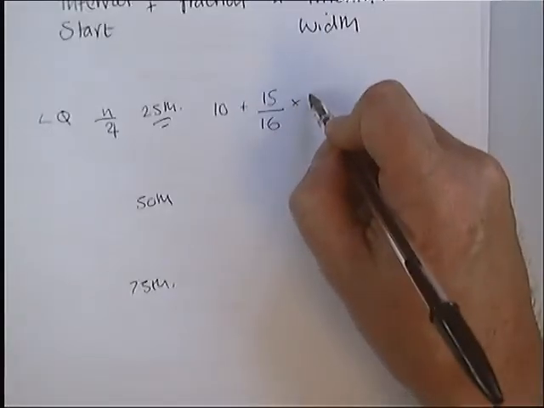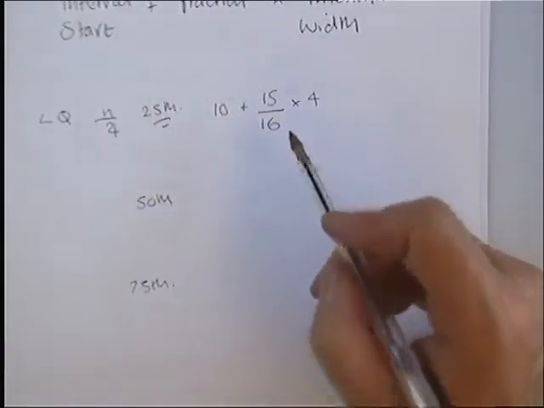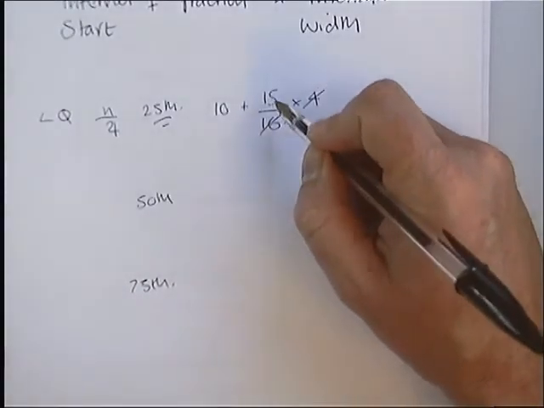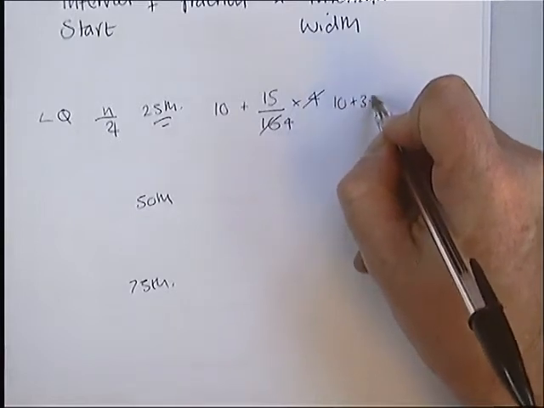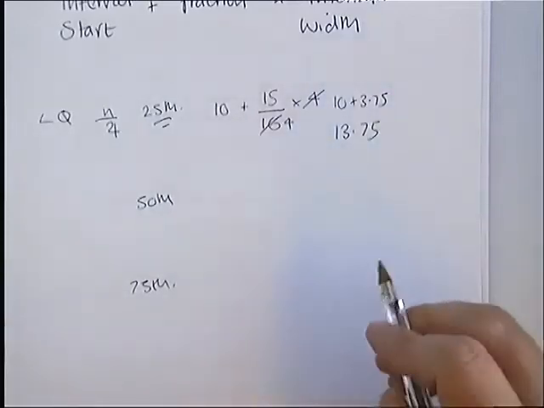And the interval width is 4. You can just finish this off with a calculator if you like. 4 goes into 16 4 times, 4 into 15 goes 3 times, remainder 3, so we're looking at 10 plus 3.75, so an answer of 13.75.